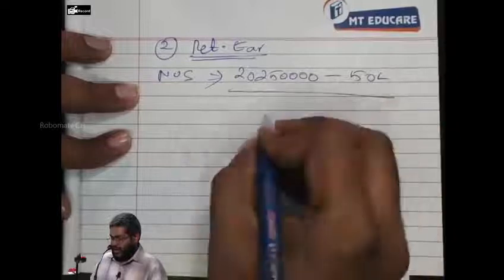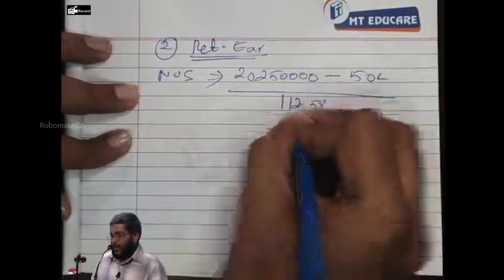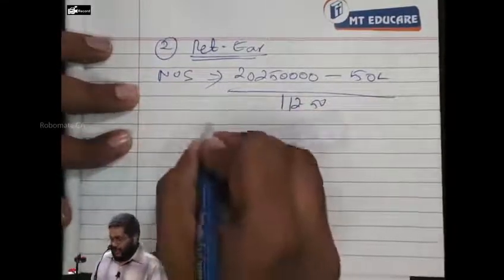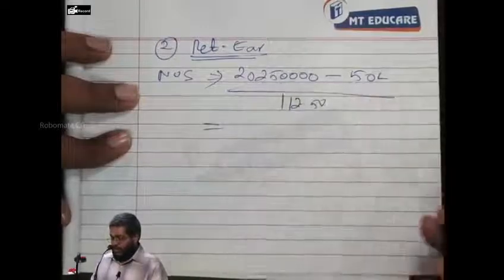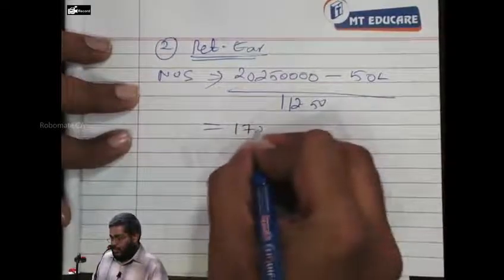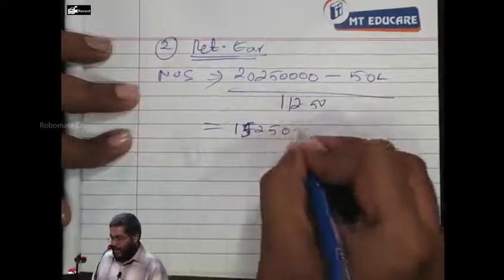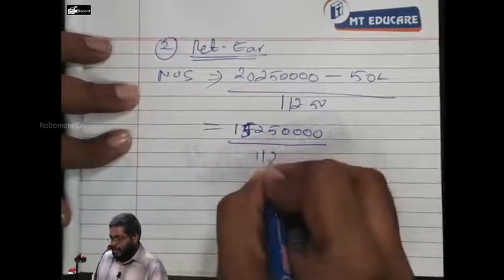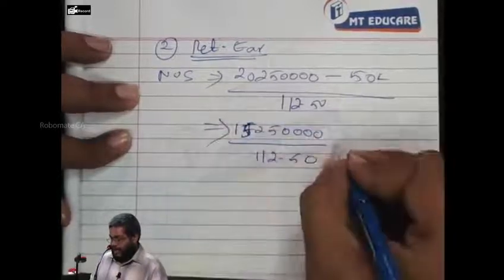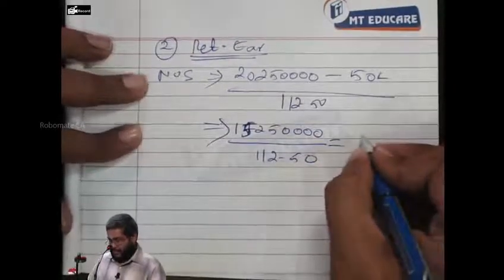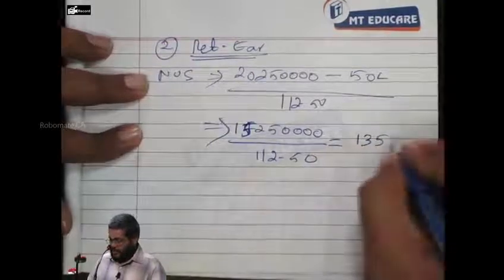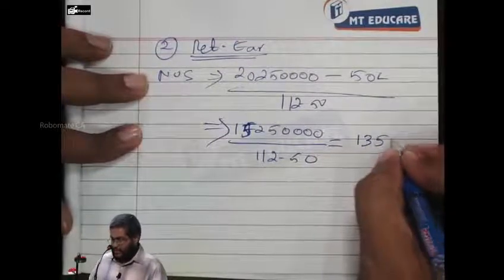Divided by the price here, 112.5. 2 crore 2 lakh 50,000 minus 50 lakh is how much? 1 crore 52 lakh 50,000, divided by 112.5. How many shares are to be issued here? 1,35,000.